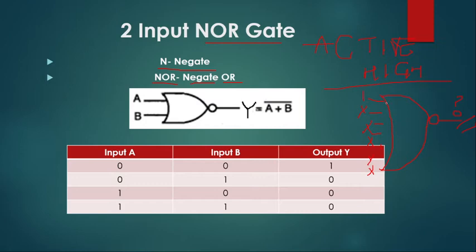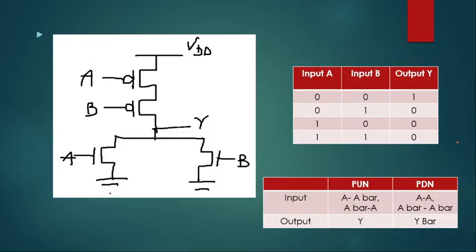Active high means if any one of the inputs is 1, you can get the output. What output do you get? It is not necessary that you always get 1. The output will be 0 if any one of the inputs is 1. So this is the basic concept of the NOR gate, and now we will see the CMOS implementation.